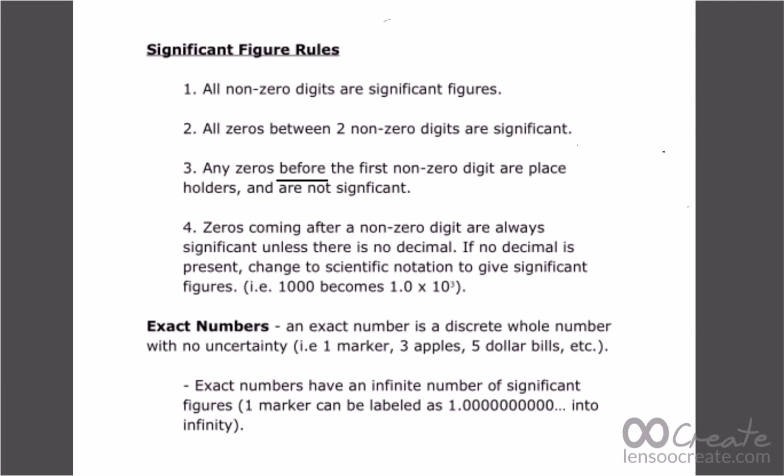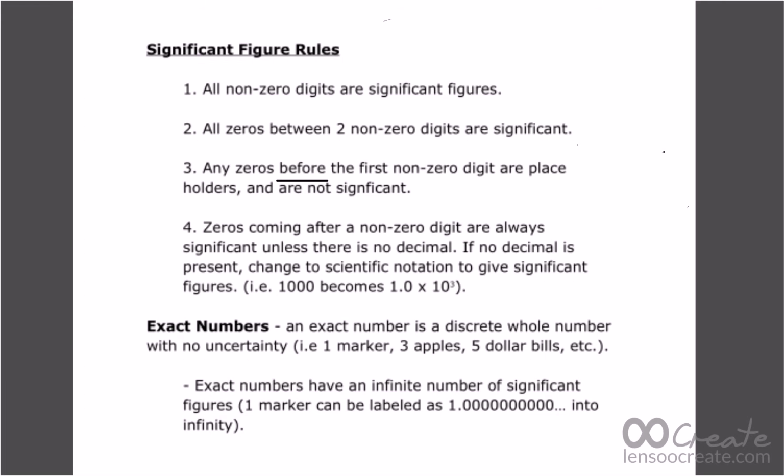For instance, I have 1 marker, 3 apples, 5 $1 bills. Those are all discrete objects. I can count 3 apples, and I have 3 exact apples. I may turn around and say I have 3 grams when I measure it out on the scale, but that's only up to the scale's certainty in that digit. There's going to be more significant figures somewhere down the line.